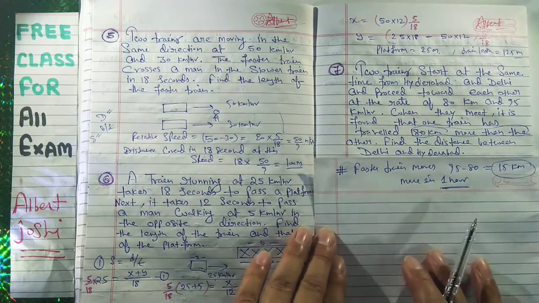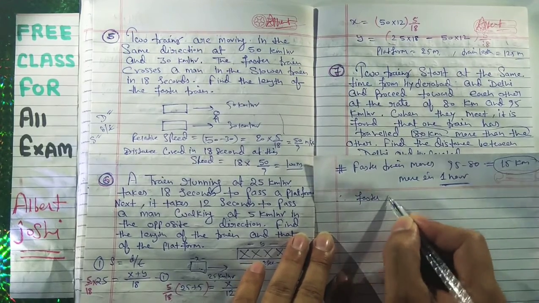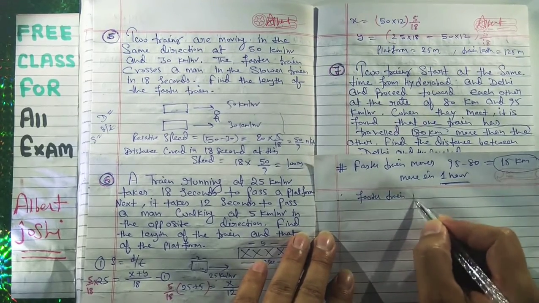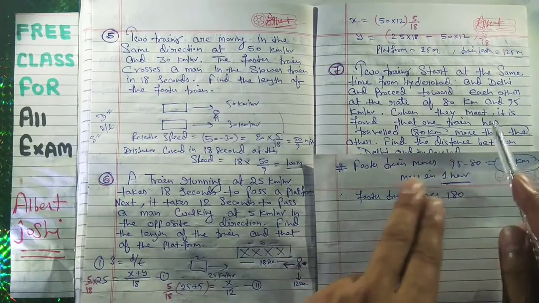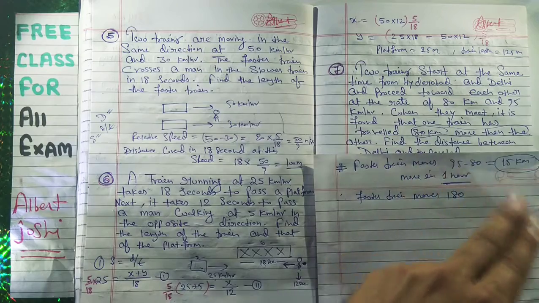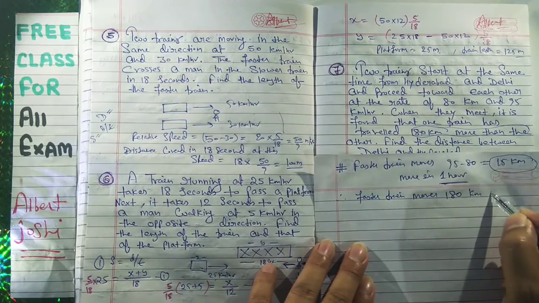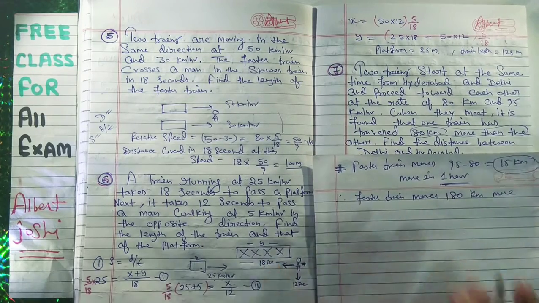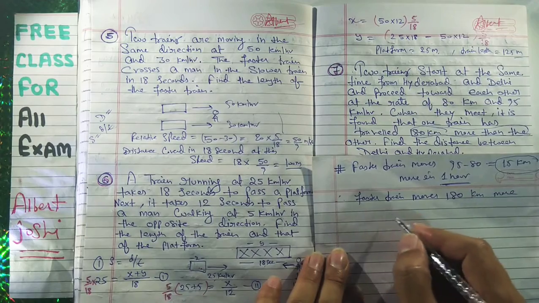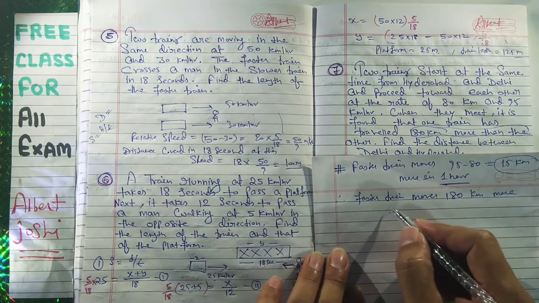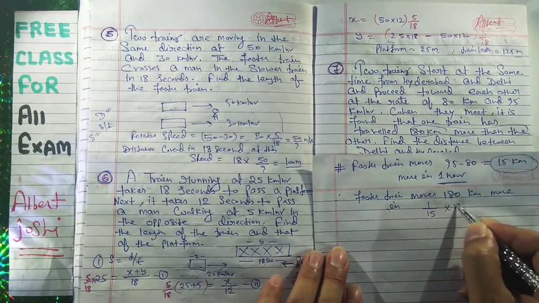Therefore the faster train has to move 180 kilometers more than the other. That takes 1 upon 15 into 180.